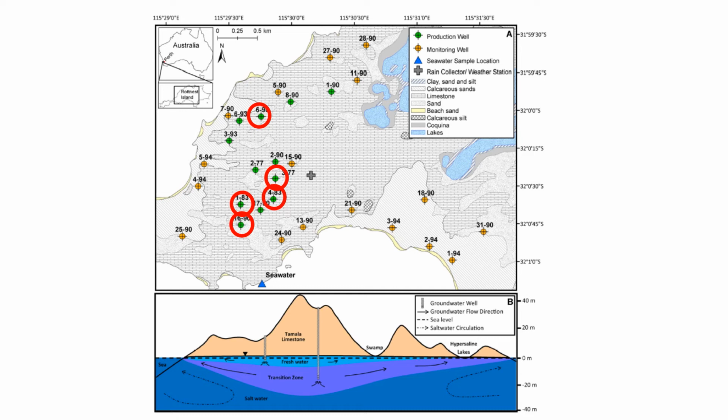So we have data for 2 types of water isotope. We have the stable water isotopes, that's oxygen and hydrogen, and we also have data for 1 radioactive water isotope, which is tritium, or 3H. So we have that for the input, the rainfall, we have that for the bores, and we have that over time.